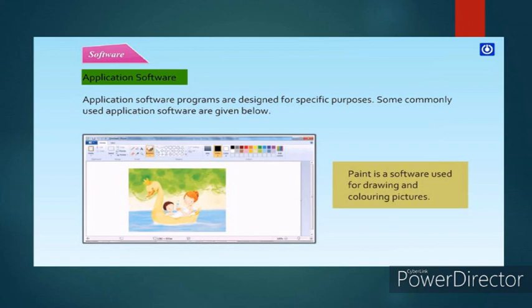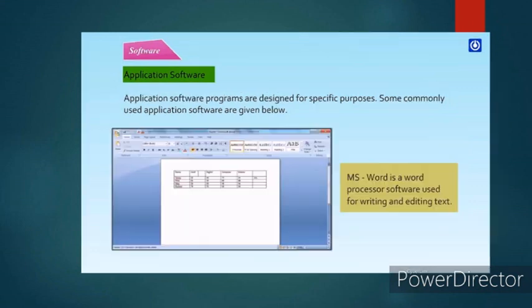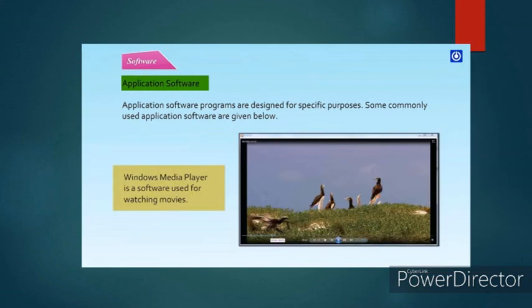MS Paint is a software used for drawing and coloring pictures. Another example I have given is Adobe Photoshop. It is used for creating and editing pictures. Another example is MS Word. It is word processor software used for writing and editing text. Windows Media Player is software used for watching movies.